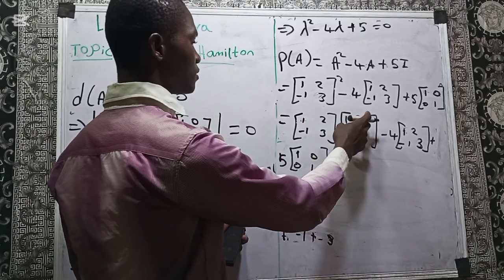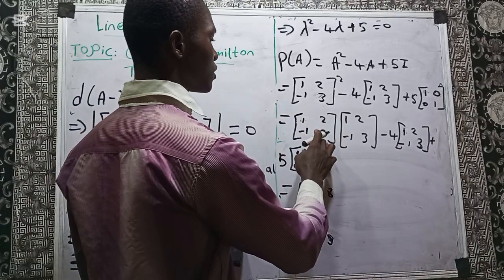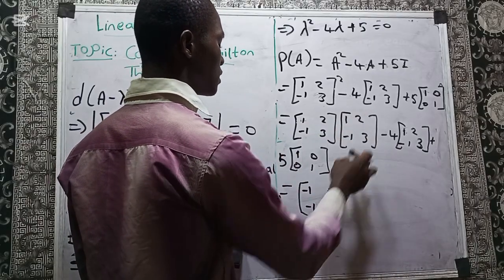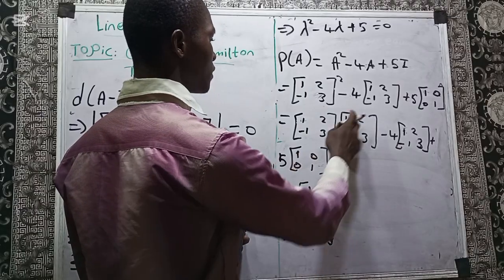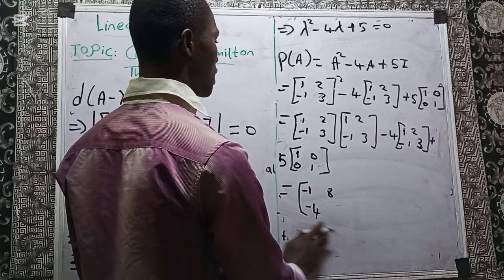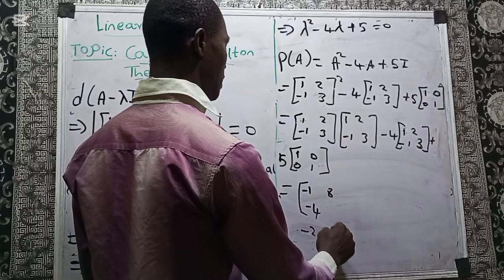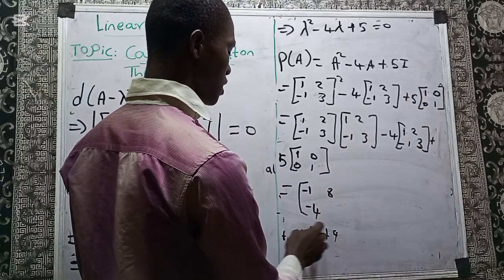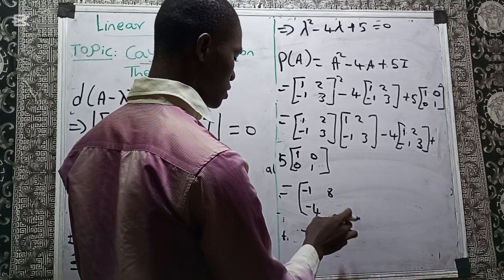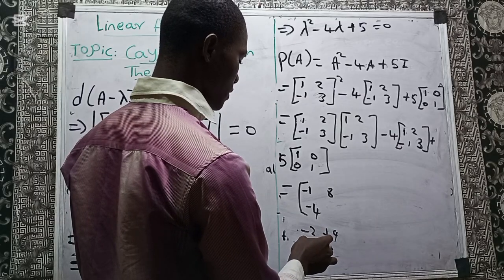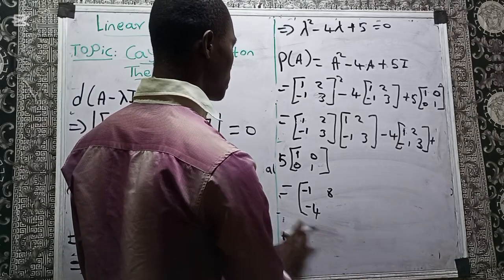Then this last row multiplies the other column. Negative 1 multiplied by 2, we have negative 2. 3 multiplied by 3, we have 9. So if you add, you are going to get positive 7.